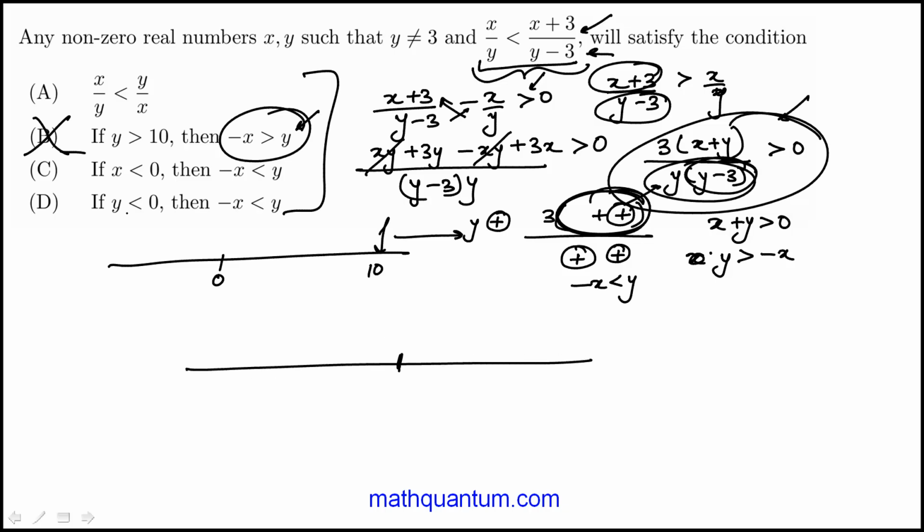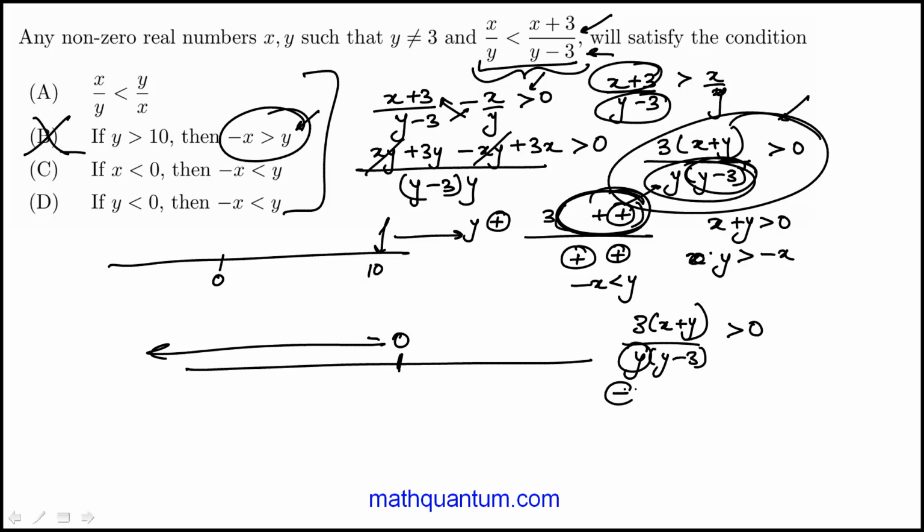But I will also look at, okay, what if y was negative? If this is a number line, we're looking here, and I will examine these different pieces. So if y is negative, that's negative. y minus 3 will also be negative. The product is positive.